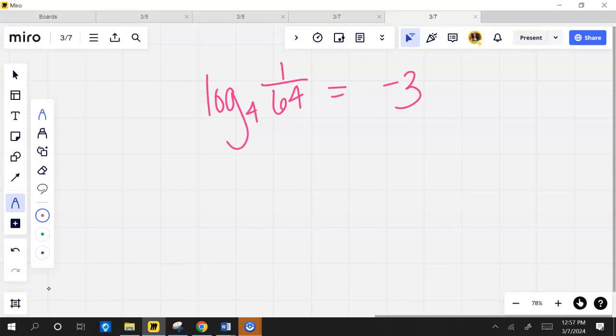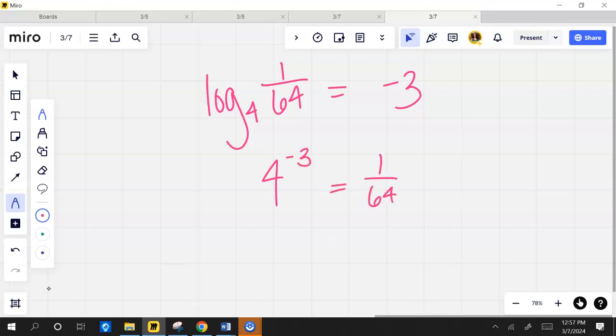In exponential form. I'm not asking you to tell me what it equals because I told you what it equals. I took a step back from that one I just did. All I want you to do is write it in exponential form. What you got, Miguel? 4 to the power of -3 is 1 over 64.